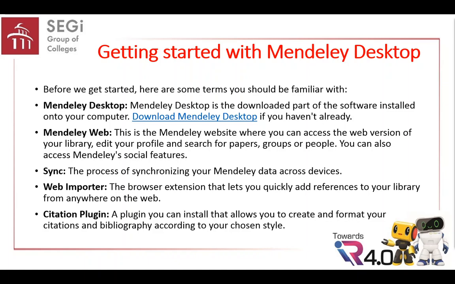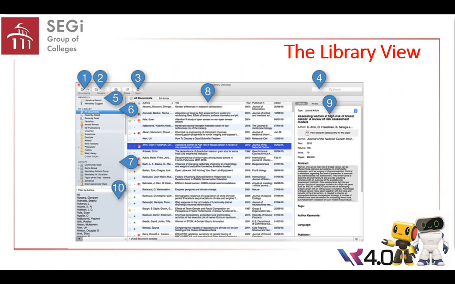Once you have installed it, this is how your library should look. Of course, this is with documents which are already linked in your Mendeley. The number one here is for you to add files, and number two is for you to look at your folders menu.